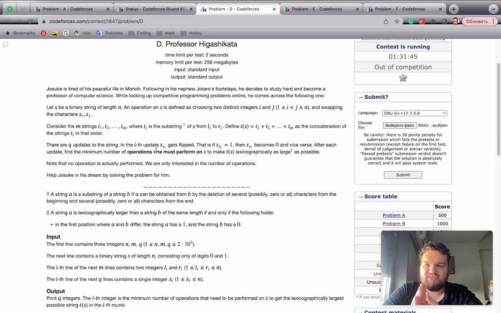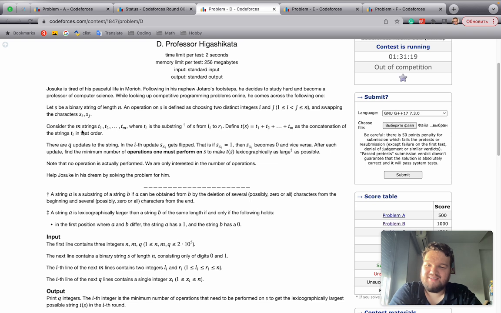Alright, problem D. Now we have a binary string of length n, so it's still an array. An operation is defined as choosing two distinct positions in the string and swapping the characters.